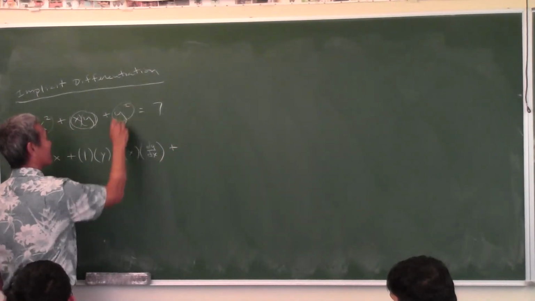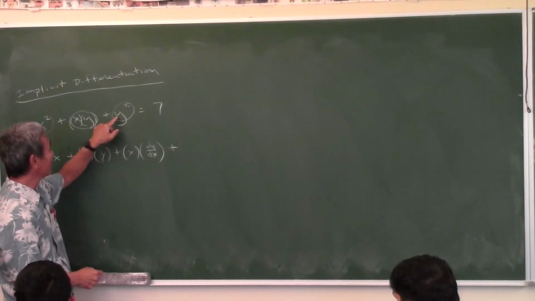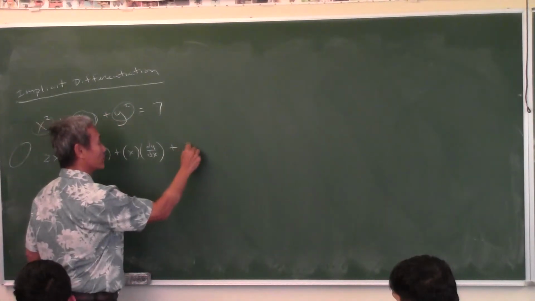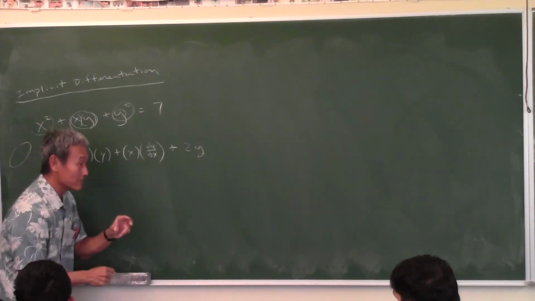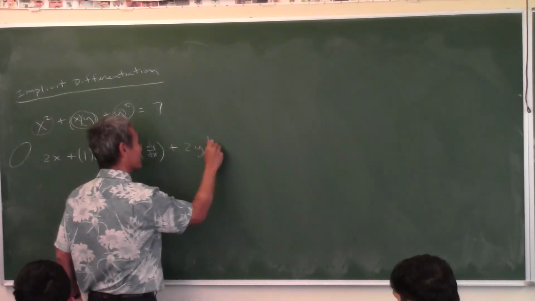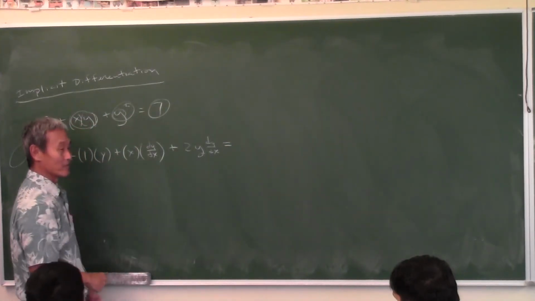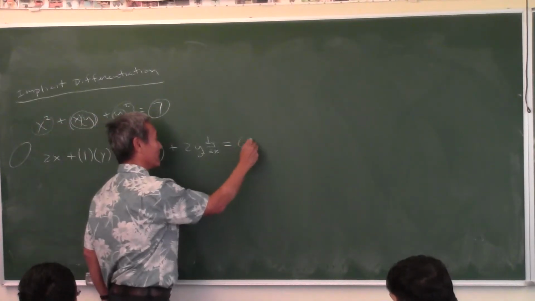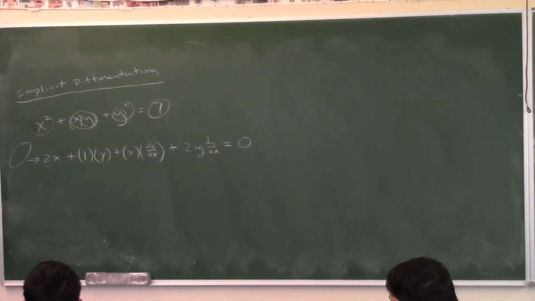Now here, you gotta think of this as box squared. What's the derivative of box squared? 2 box to the first times the derivative of box. dy/dx. That's right. Equals, what's the derivative of 7? 0. Now, this is the most important step when you're doing implicit differentiation.